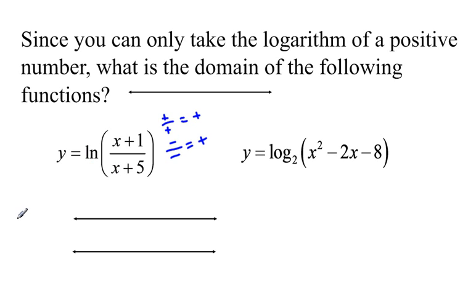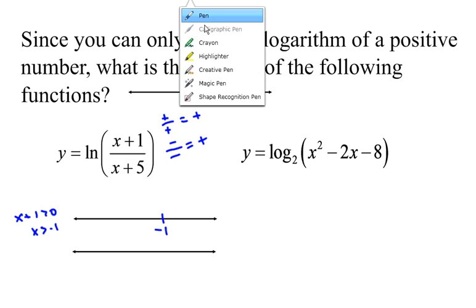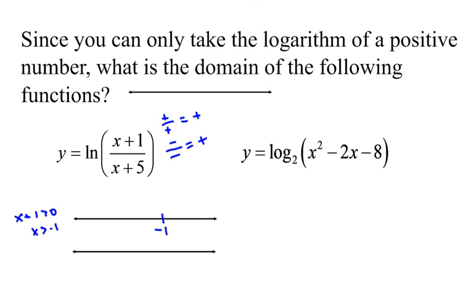All right, so let's start with the x plus 1. x plus 1 greater than 0 means that x has to be greater than negative 1. So I'm going to plot a negative 1, and I know that it is positive up here, green for positive, and pink for negative, okay?